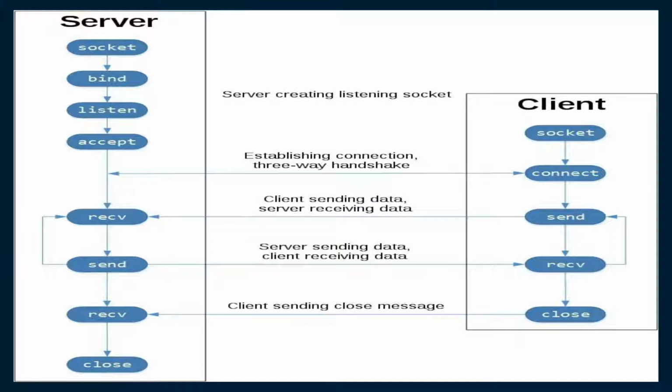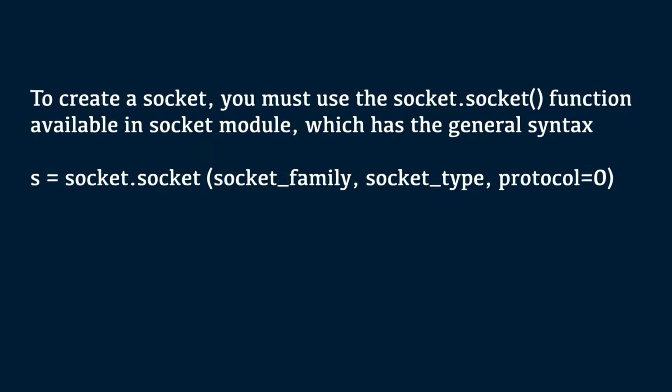Then sequentially we need to perform some tasks to establish connection between server and client. To create a socket, you must use the socket.socket function available in socket module, which has the general syntax s = socket.socket(socket_family, socket_type, protocol=0).